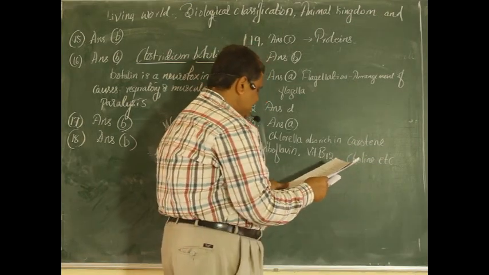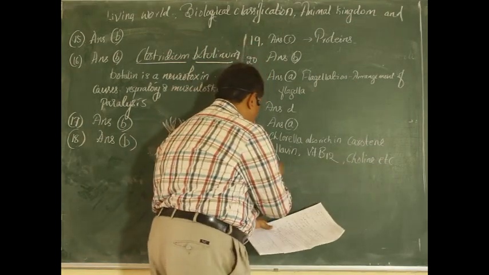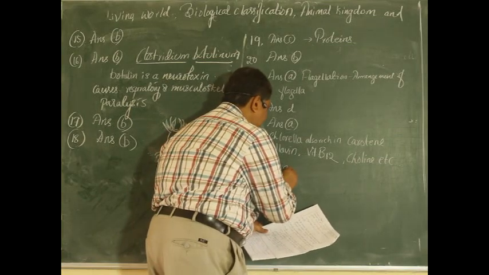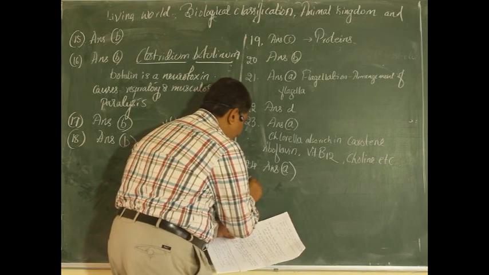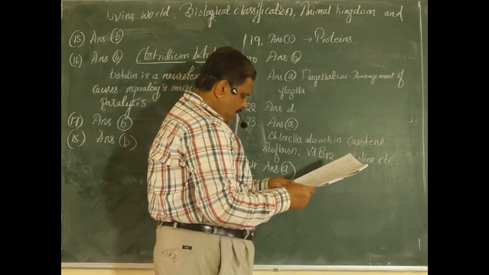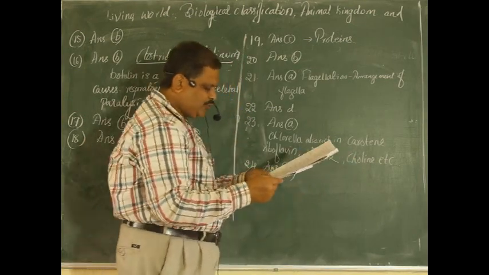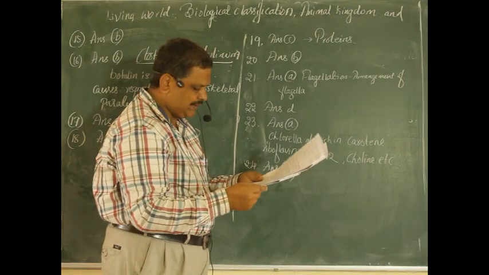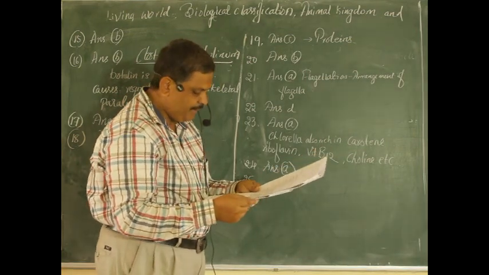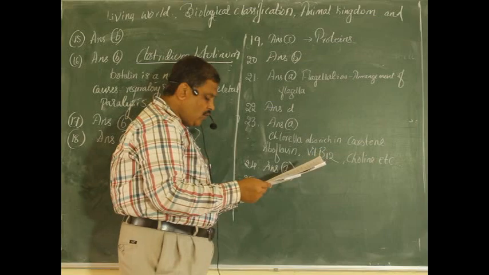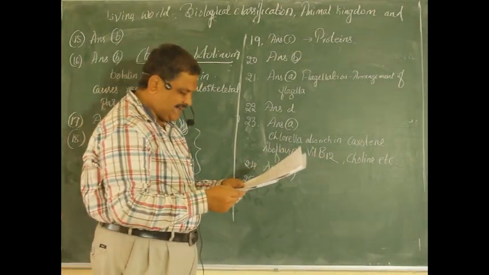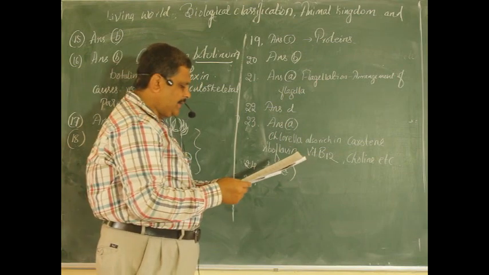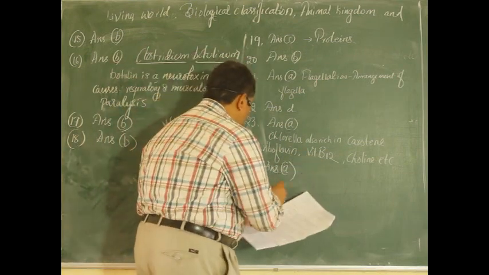The answer is A. Question number 25. In Funaria, stomata are present on the option A, stem, option B, leaves, option C, capsule, option D, apophysis. So the answer is option D.